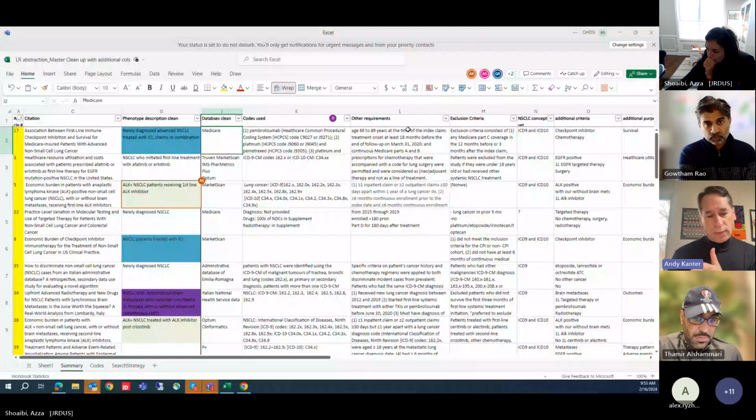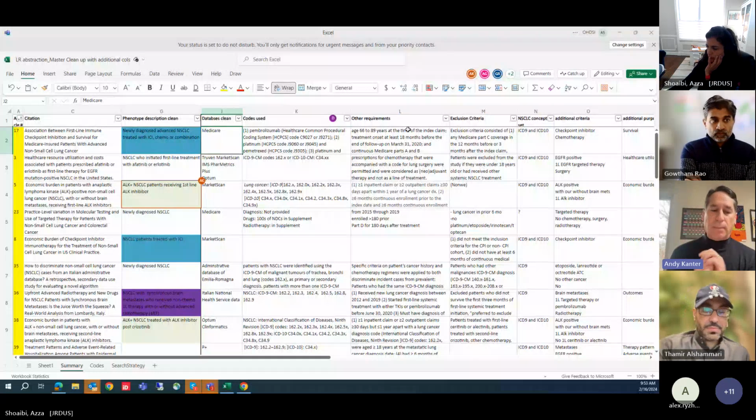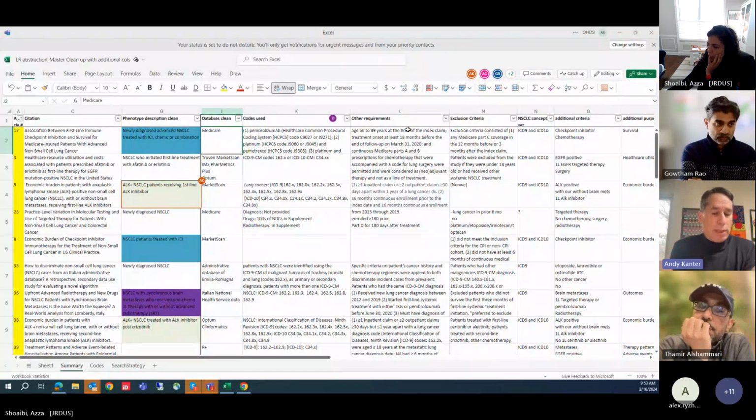Or, as I mentioned from Hem-Onc, where they were concerned about driver alterations, quote unquote, what is a driver alteration? If we created a sub-phenotype, which would be added to the original ICD code phenotype, which would say these are the things that define a positive driver alteration, that could be really useful for a researcher to start from.